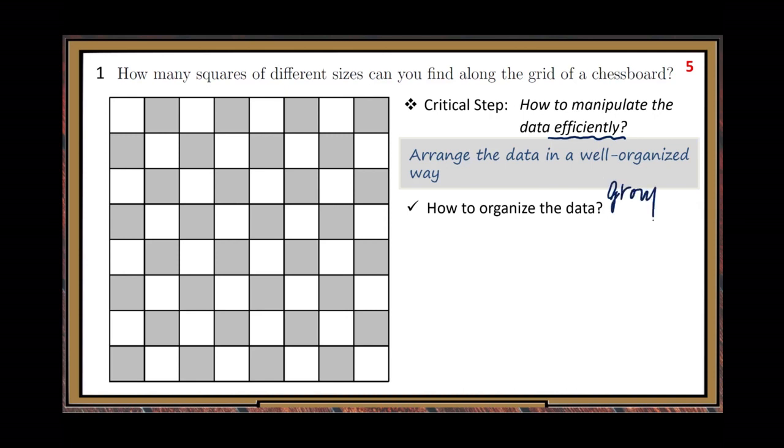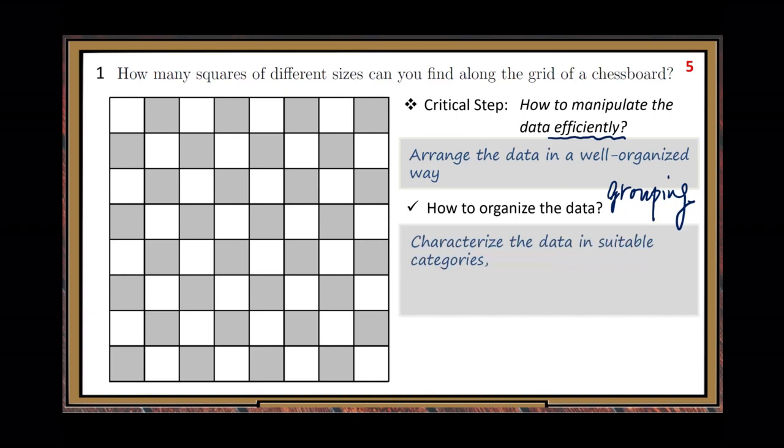We make appropriate groups. So we group the given data, or you can call it a characterization. We put them in different categories. Here we need to do that. So we want to characterize the data in suitable categories.